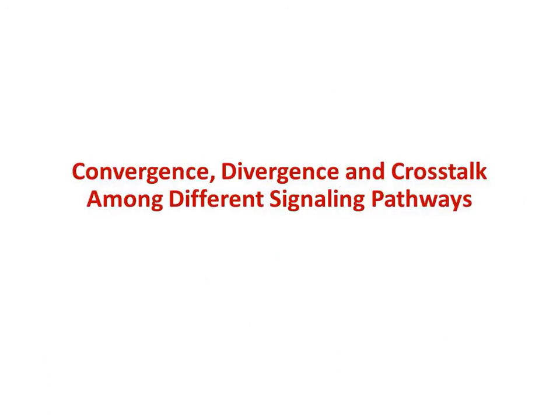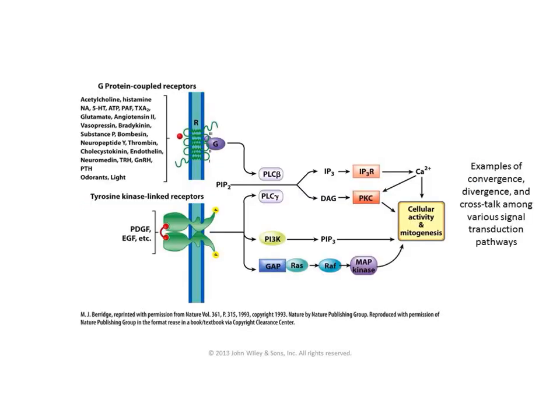So when we think about activation of signal pathways, remember, we're going to potentially have multiple signal molecules inundating cells at a single moment. Essentially, we can talk about the fact that signal pathways can have convergence, divergence, and crosstalk. Remember that we can have different signal molecules binding to different types of receptors, which you can see here.